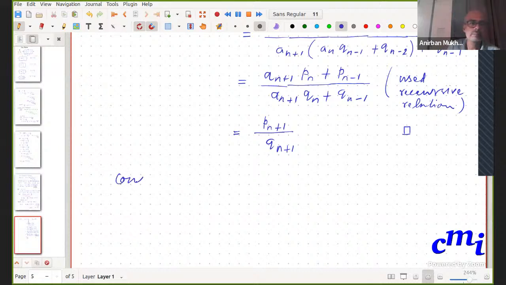Consider this, which is actually a very important relation: pn qn minus 1 minus pn minus 1 qn.